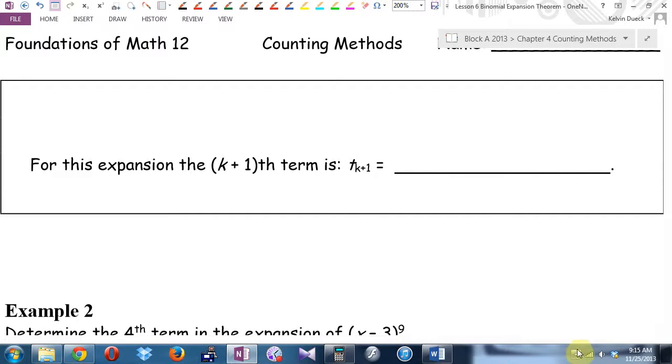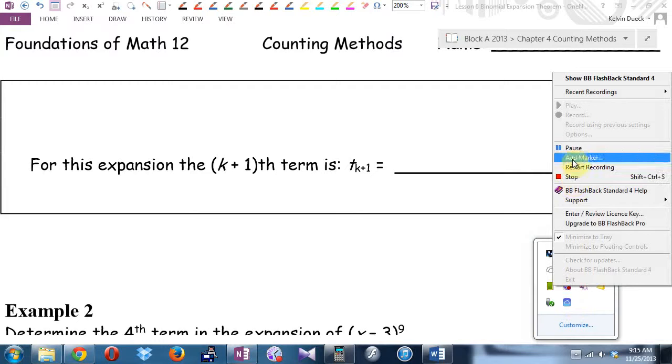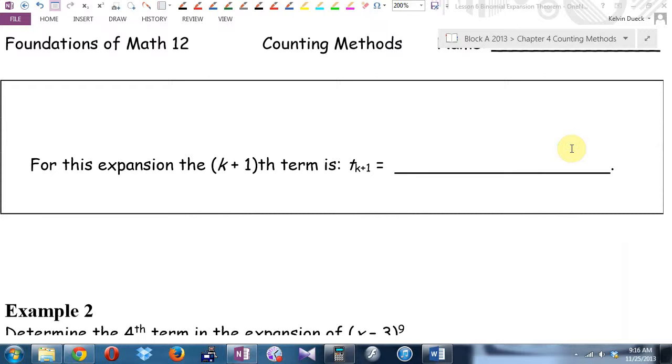This formula is on your yellow formula sheet. So for this expansion, the k plus first term, here is the template for finding a single term.